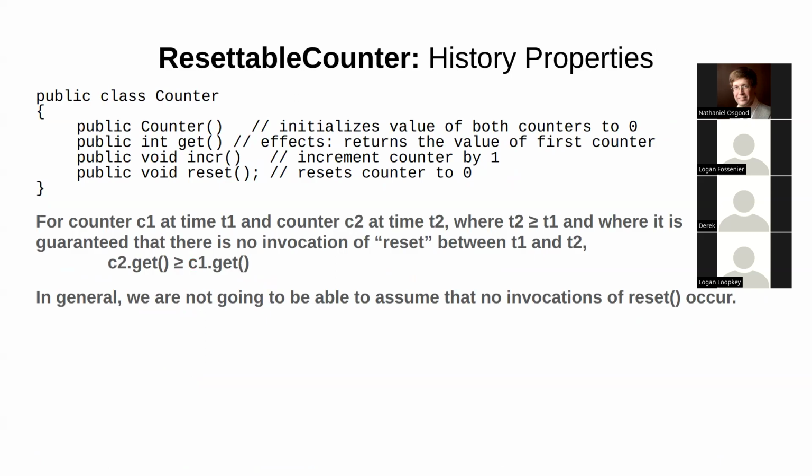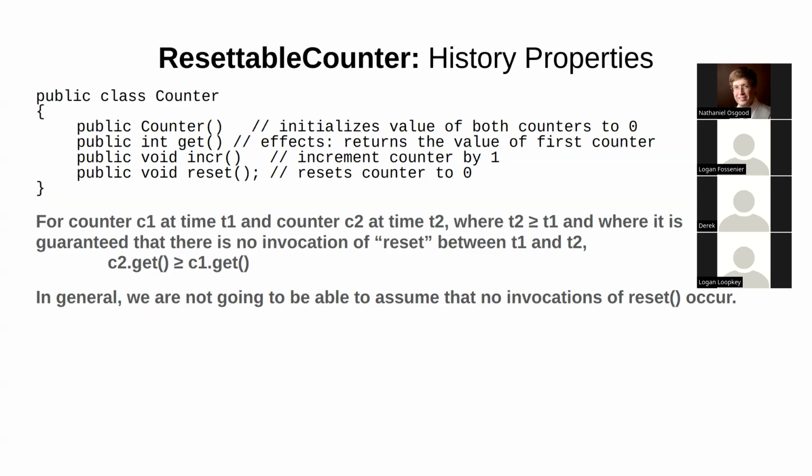If there are two periods and there's no implication of reset between them, it will rise, or at least it won't decline. But in general, for any two points of time, where you don't know what the sequence was before, maybe you created this counter and you passed it somewhere off in the code, you don't know what they've done with it.